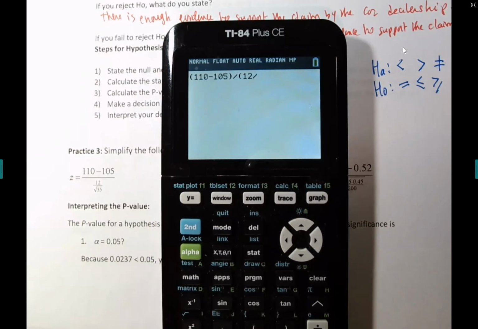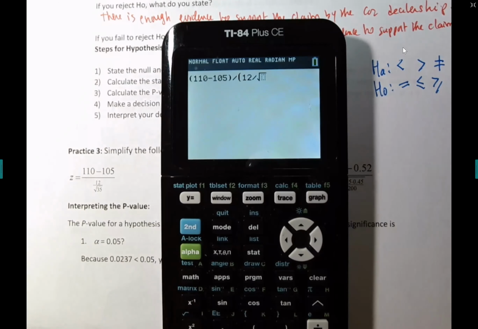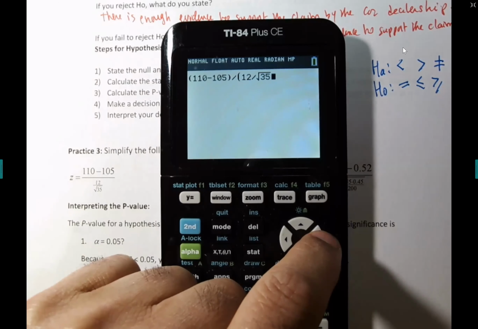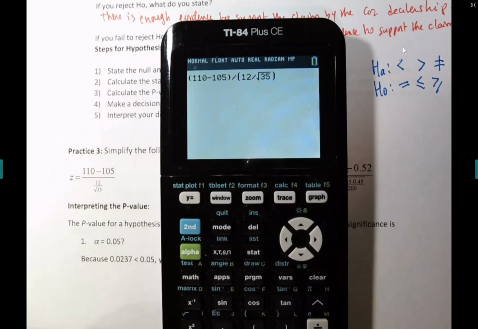You can see it right here. Second and square root of 35. Get out of the square root. This is how you get out of the square root, with this. Close parentheses. And here you go. That is 2.47. I'll have you try the rest on your own.